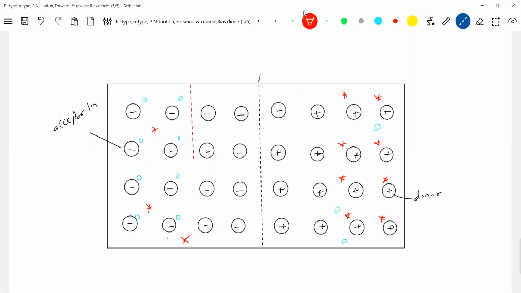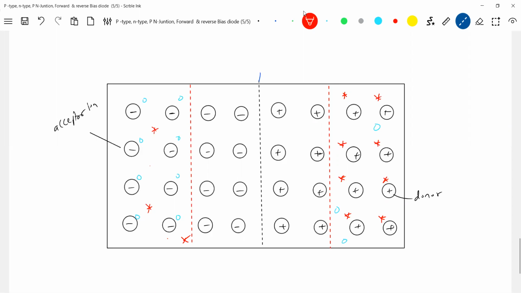So here, look at that layer. So some charge layer is being obtained. There's a positive charge layer built up on the N type, and a negative charge layer built up on the P type here.